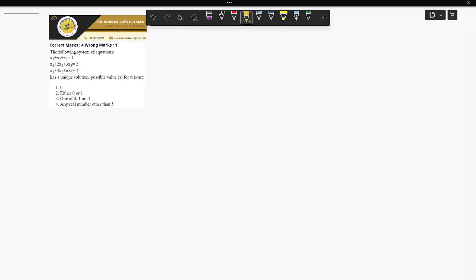So this is also a very easy question. Firstly, we have to write the augmented matrix here. From the given system of linear equations, we can easily take the coefficients outside.